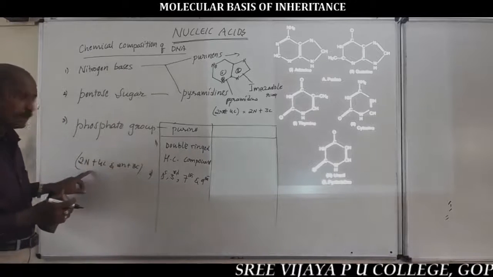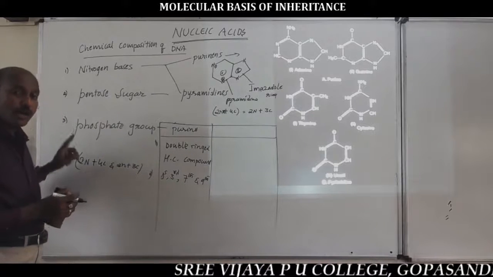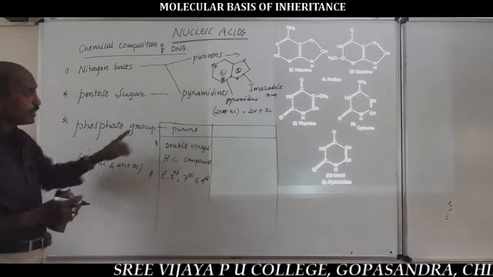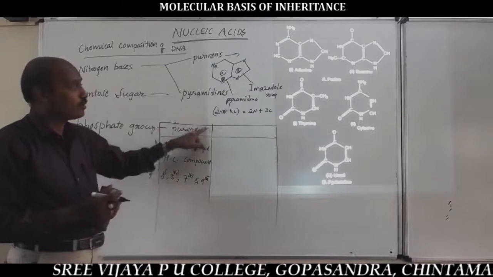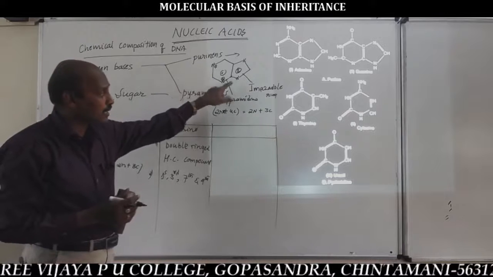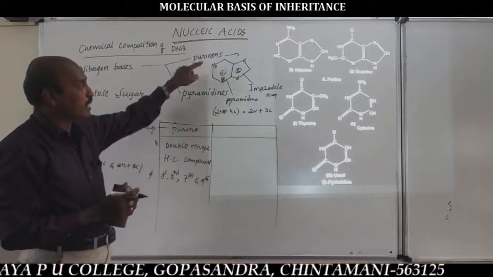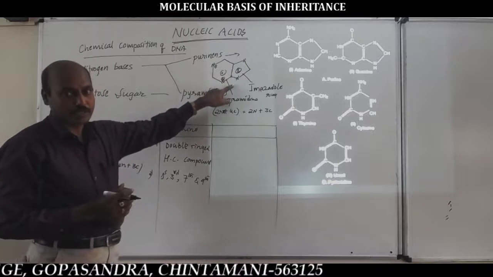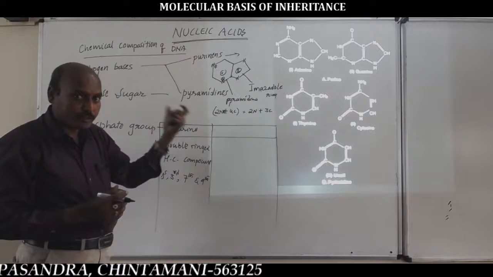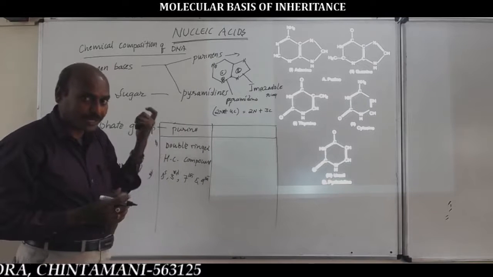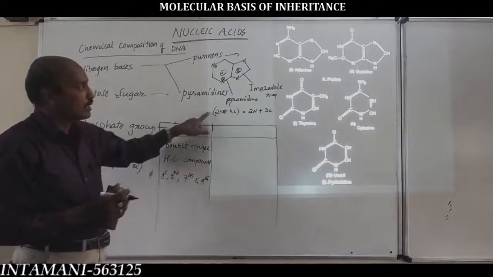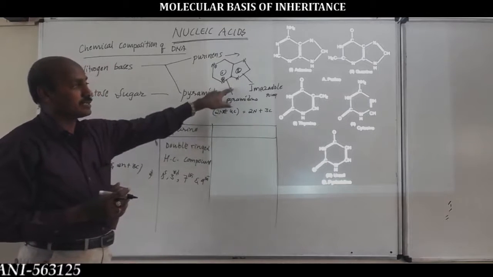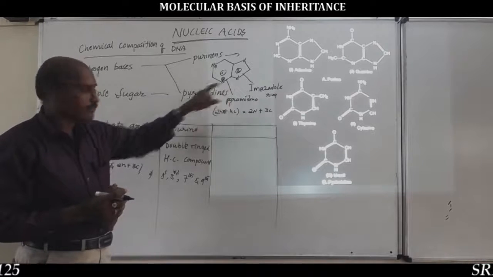This is the number of carbon and nitrogen atoms in the purine bases. So purines are double-ring heterocyclic compounds with nitrogen atoms at the first, third, seventh, and ninth positions, formed by the fusion of two heterocyclic rings, the pyrimidine ring and the imidazole ring.